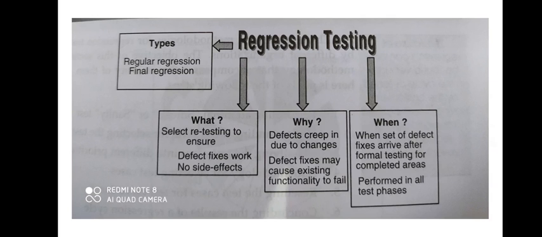Fixes may cause existing functionality to blur or fail, so you have to take care of this. And the question is when. When a set of defect fixes arrives after formal testing or a particular amount of testing for the completed areas, then perform all the test phases, then go for regression testing. This is the criteria for using regression testing.